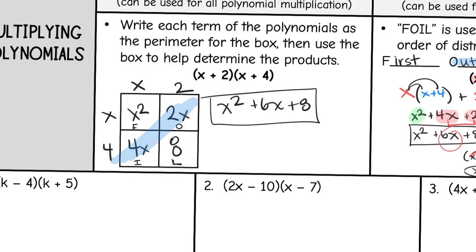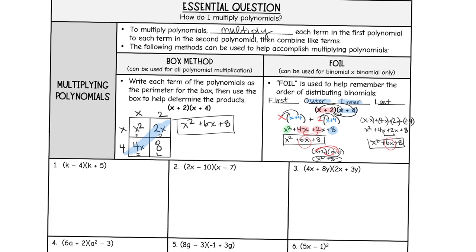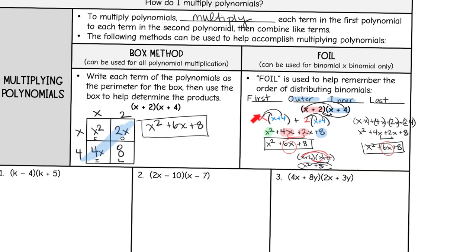So these are just 3 different ways I can write out each distribution separately. I could do FOIL, where I'm doing the same thing but doing the upper distribution and then the bottom distribution as well. That's your FOIL. Or I can use the box if I want a more visual model.